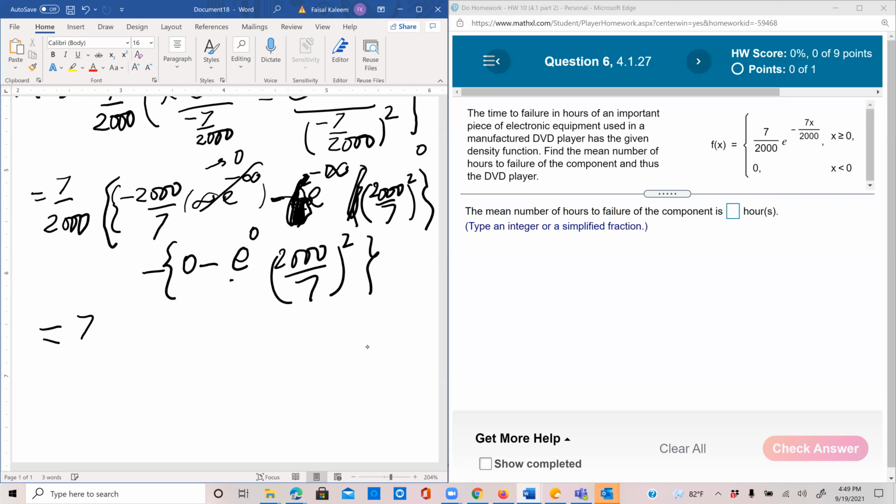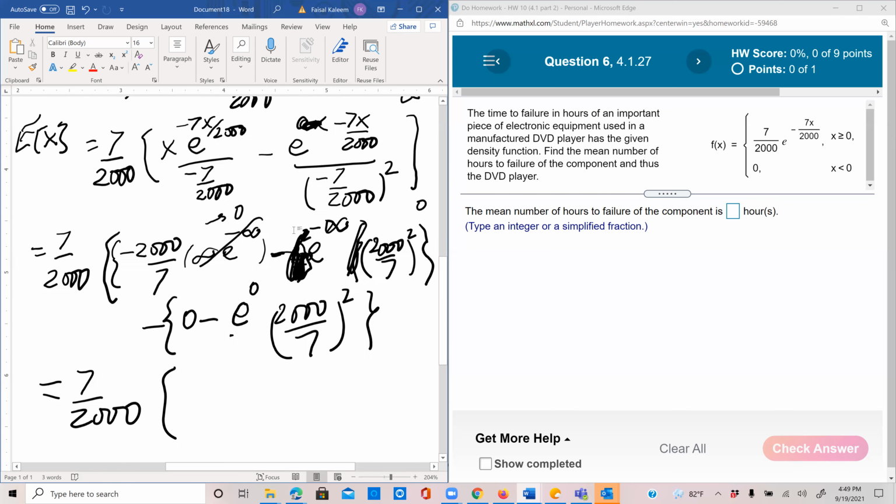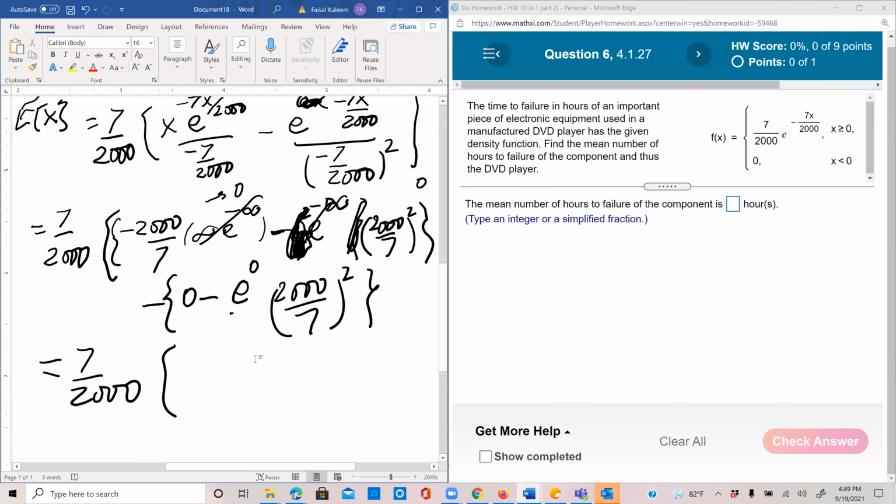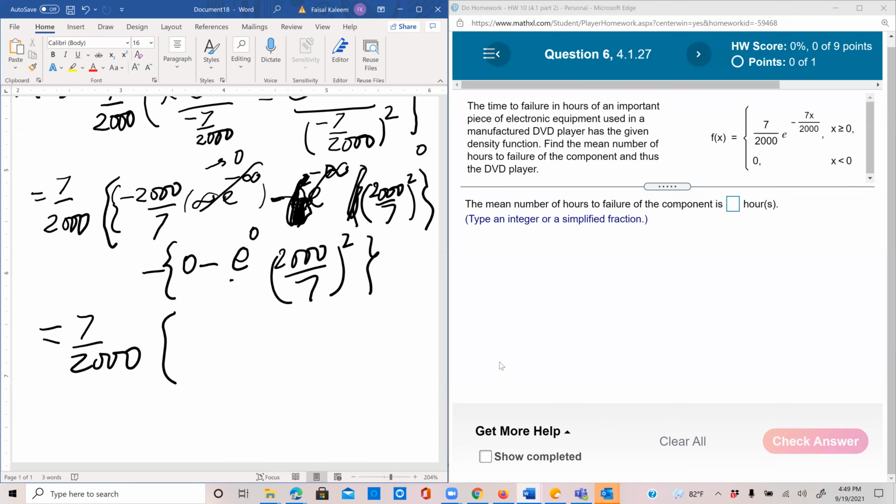And so we get 7 over 2000. And this also goes to 0 because this term was e to the negative infinity times this constant, and e to the negative infinity goes to 0 as discussed in the previous video. So these first two terms are 0.